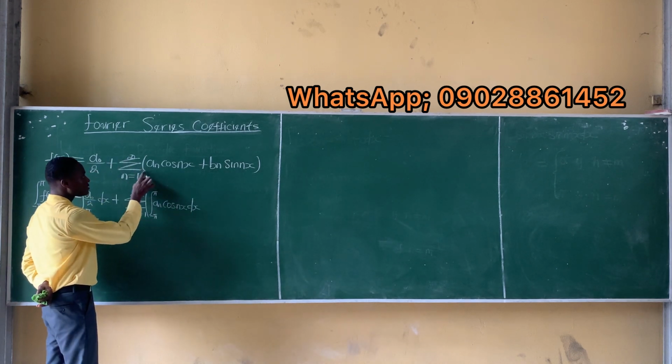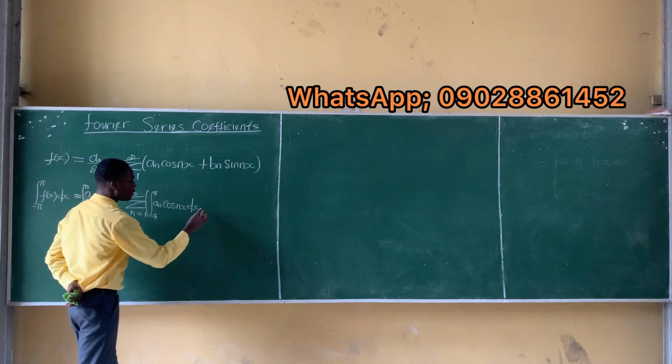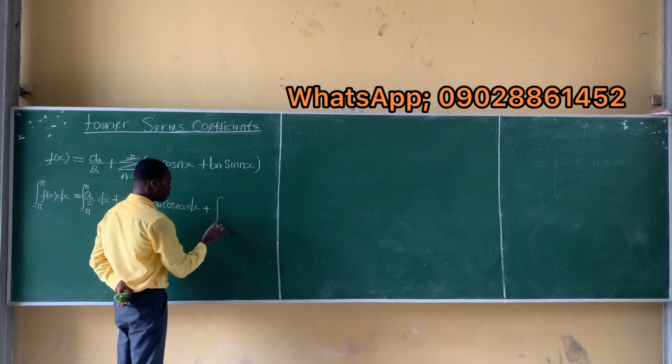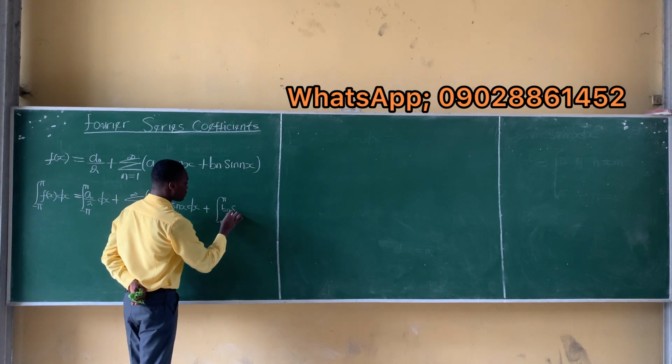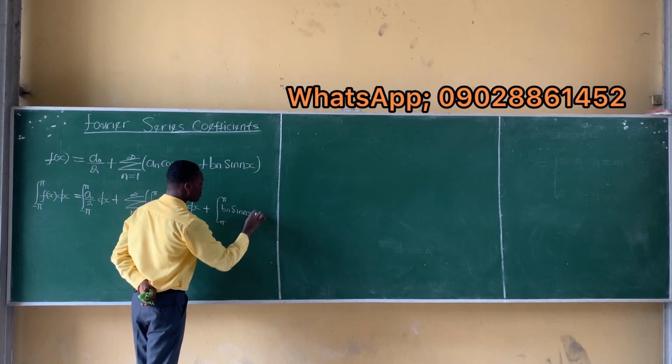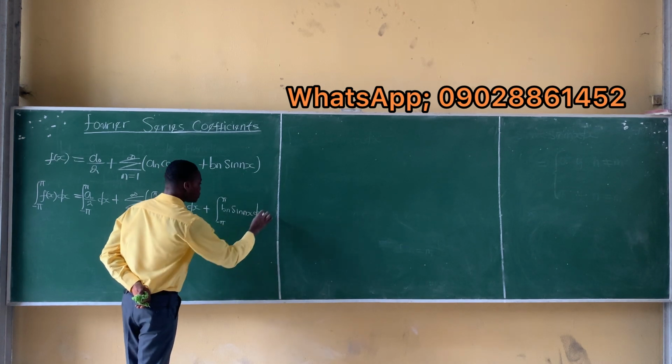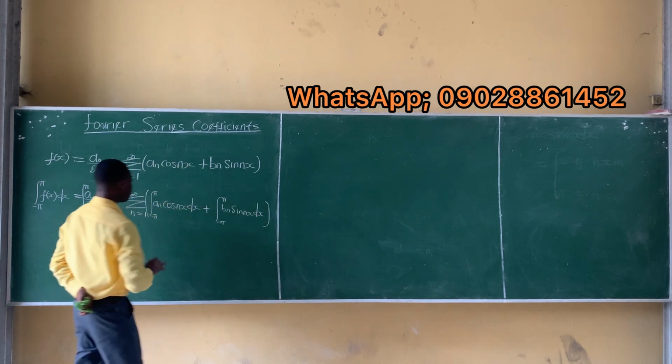Don't forget, we are integrating both cos and sine, plus the integral from minus pi to pi of b sub n sine nx dx. So this is what we have.